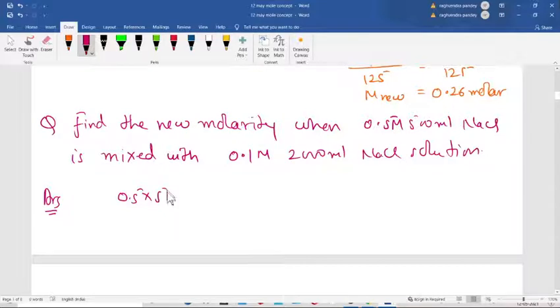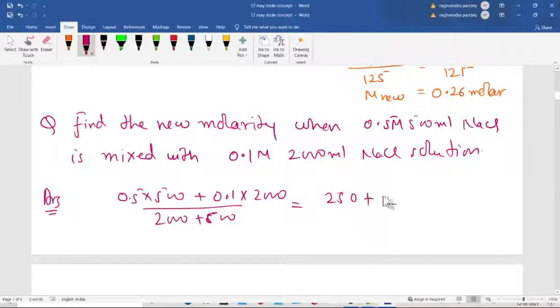I think that's correct. So 0.1 into 2000 plus 0.5 into 500, upon 2000 plus 500. Let's solve it. It will be 200 plus 250 upon 2500, so that will be 450 upon 2500.